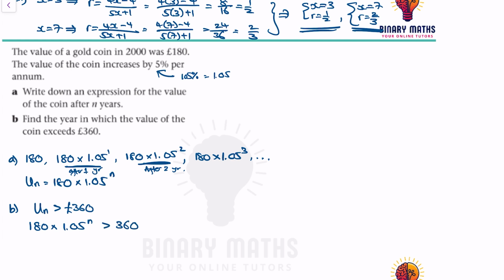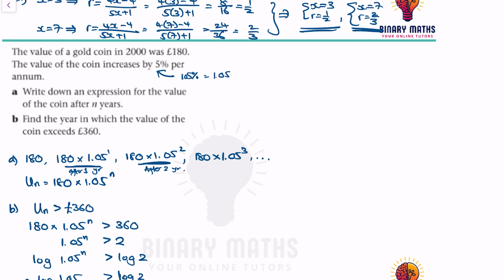If I divide both sides by 180, I get 1.05 to the power of n is greater than 2. If I take logs on both sides, I get log of 1.05 to the power of n is greater than log of 2, which means n log 1.05 is greater than log 2, which means n is greater than log 2 over log 1.05.